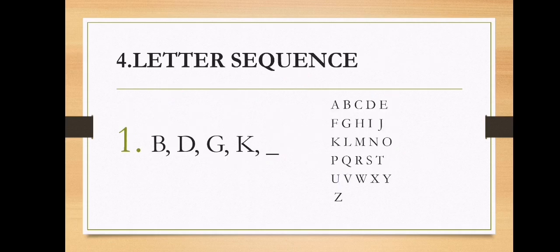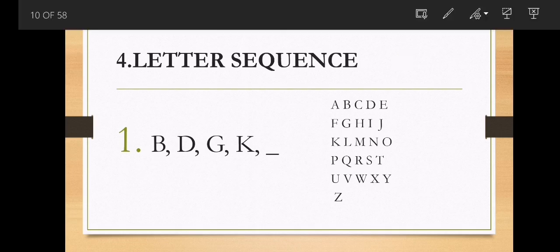Next is letter sequence. So, we have here B, D, G, and K. So, para mapadali nating masagutan, tatandaan lang natin dito ang number, which is letter B, letter D, letter G, letter K. So, mapapansin natin na may mga agwat siya.